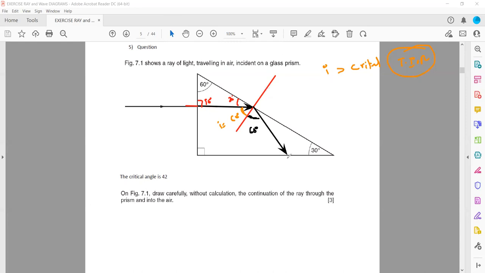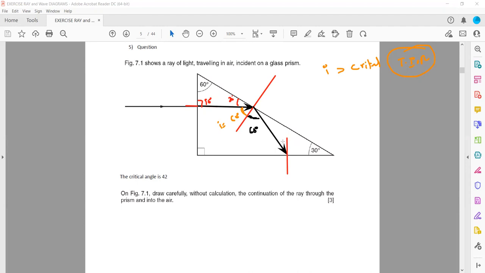And then again, we draw a normal. Whenever the rays strike a boundary, air to glass, air to water, whenever it strikes a boundary, we always draw a normal. Now, as we draw a normal here, this angle appears to be smaller. The angle of incidence is between the normal and the incident ray.